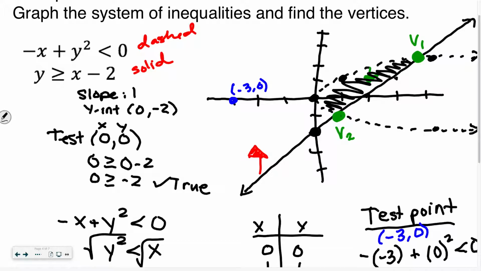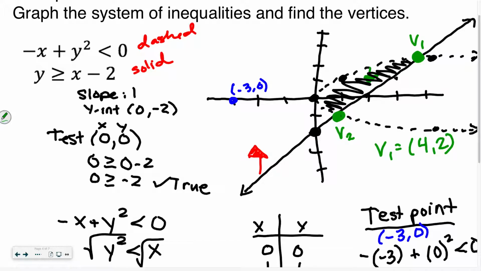If from your graph you can identify where the vertices are, then you can just label them from your graph, but you should make sure that they are actually true. So if you were going to tell me the coordinates of V sub 1, it looks like it might be where? 4, 2.